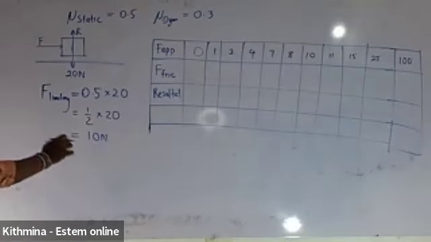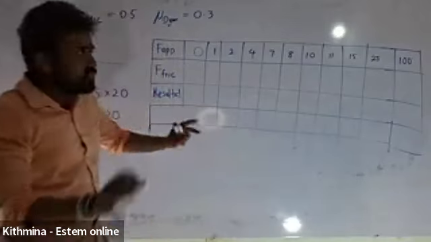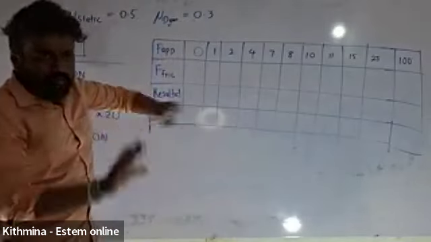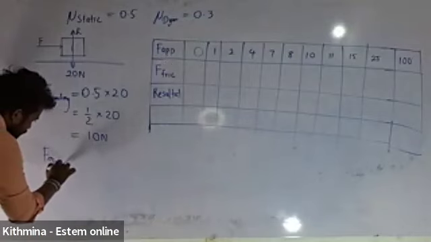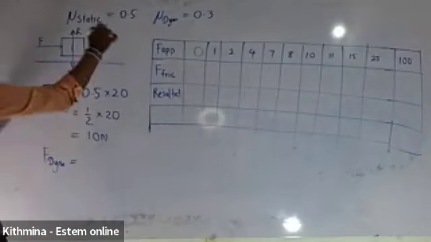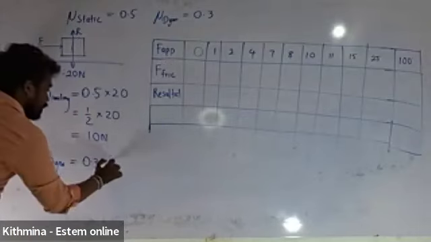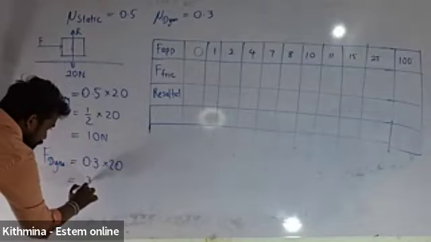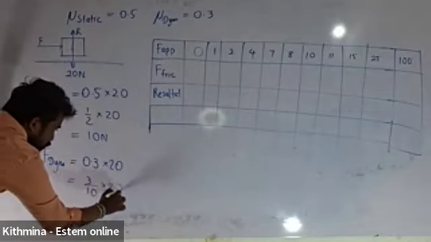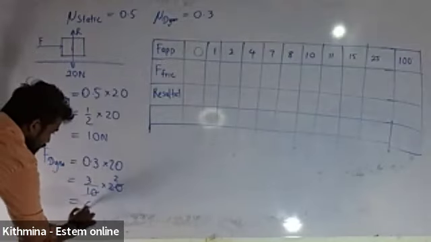Now find F dynamic also. If they are giving mu dynamic, find F dynamic definitely. Mu dynamic is 0.3 into R, 20. That is 3 over 10 into 20, which is 6 Newton.